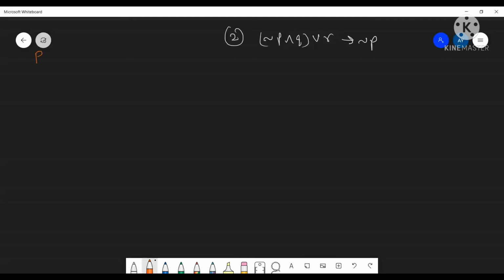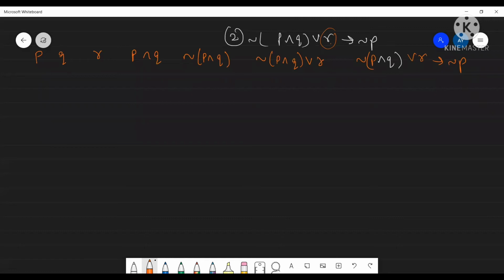You have to make P, Q, R. Till now we just studied P and Q. Now there is another parameter, R. So you have to make 3 columns for P, Q, R itself, and then you'll have P and Q, then negation of that one, negation of P and Q, and then negation of P and Q, or R, and then write the entire thing: the negation comes outside, negation of P and Q or R implies negation P. So what are the columns that you have to make? One is P, one is Q, one is R, and the rest of the columns are based on the question.